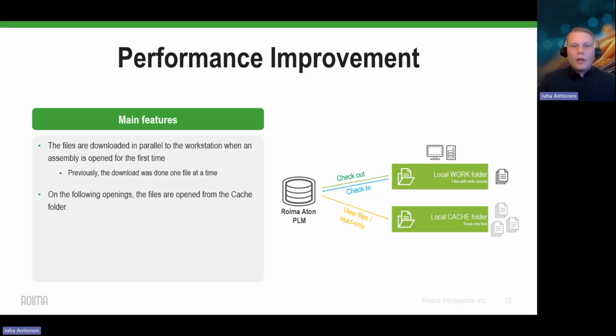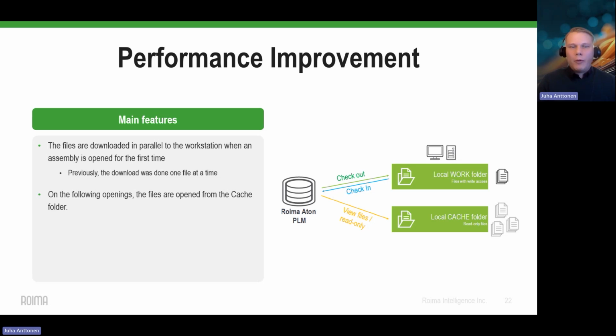So in the picture, we can see the functionality of Aton for CAD. It downloads the data from Aton's database to the local workstation. And this used to be, if we use a pipe analogy, only one pipe where the data was downloaded.